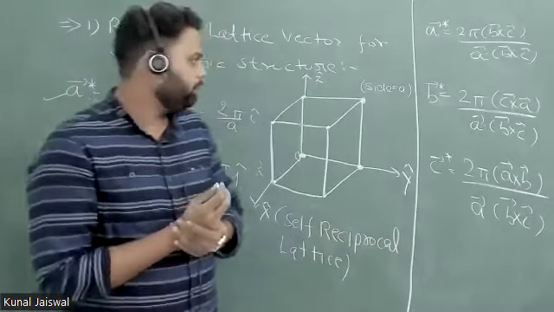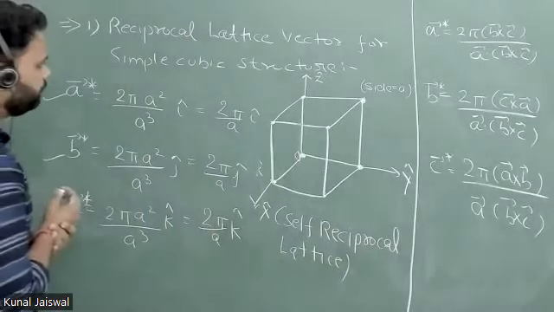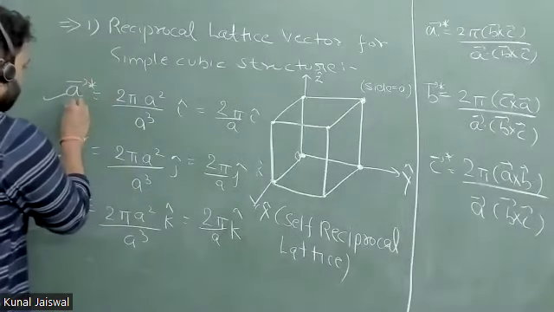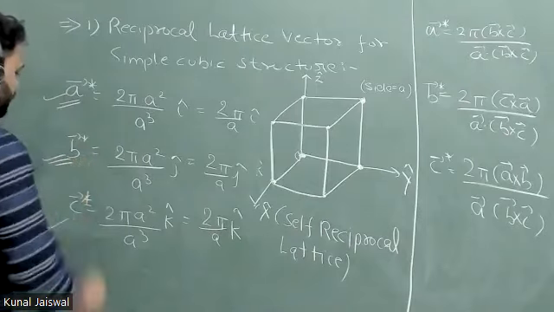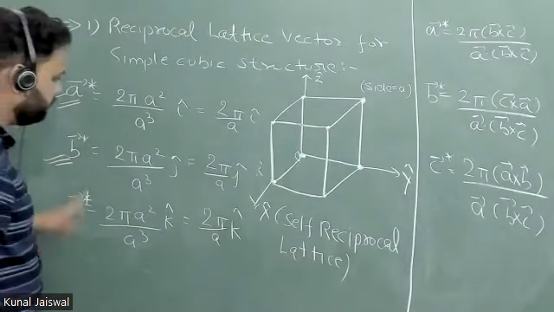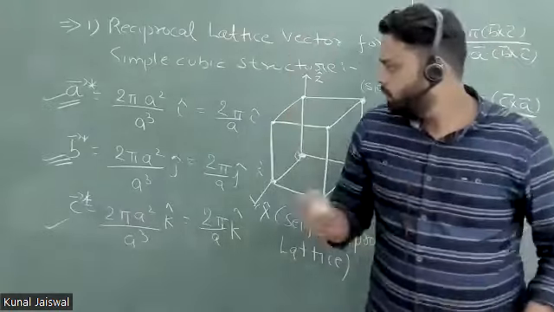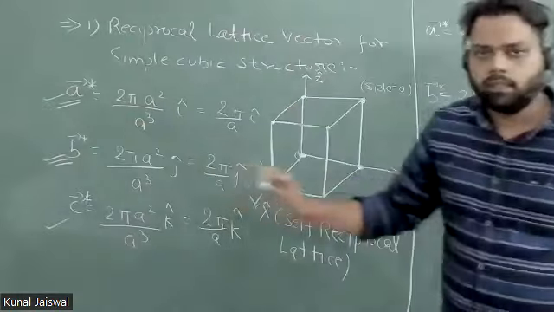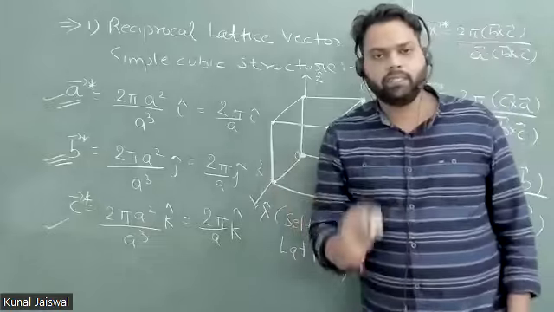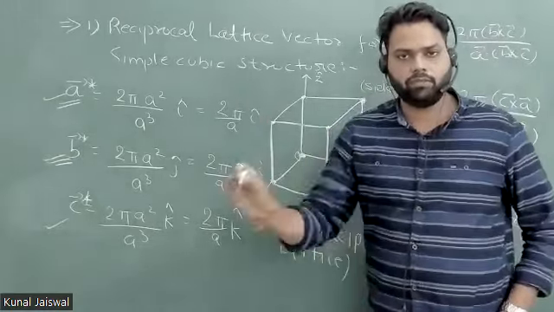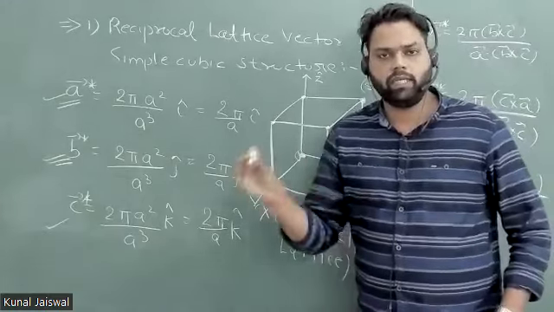And if you talk about the volume of the reciprocal lattice unit cell, with the help of these three reciprocal lattice vectors we will get a unit cell. Just think about the direct lattice. In the direct lattice, A vector equals a i cap, B vector equals a j cap, C vector equals a k cap.